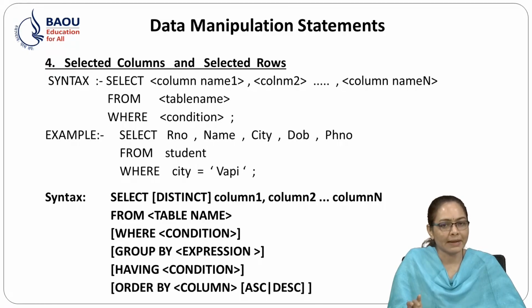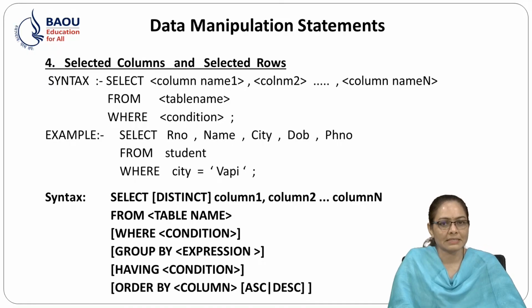The square bracket is optional. So select and from are compulsory because we display the records, then select, then column name from table name is compulsory. But the where condition, group by, having, order by, and distinct are optional.